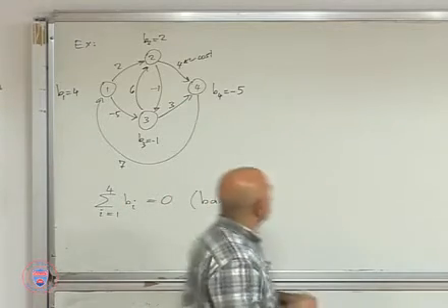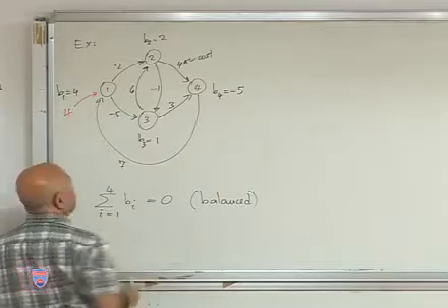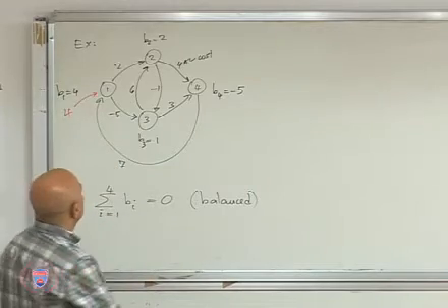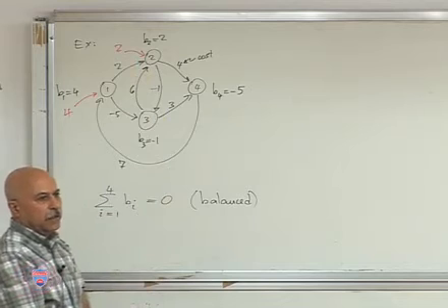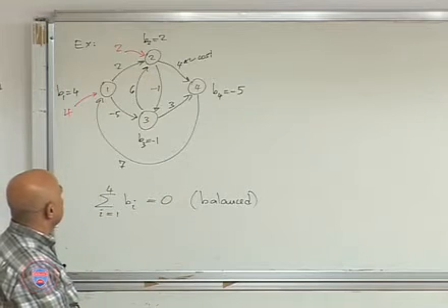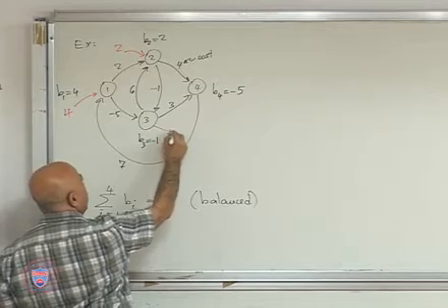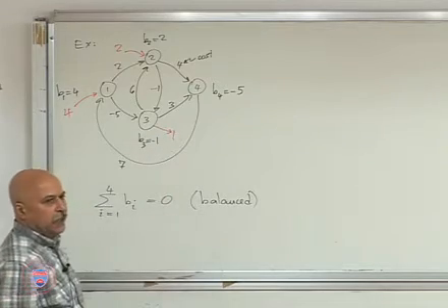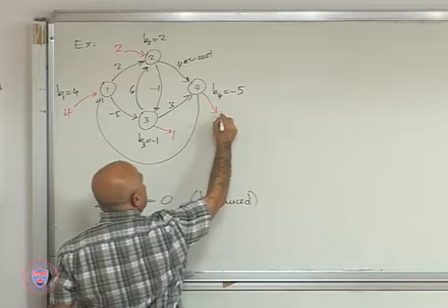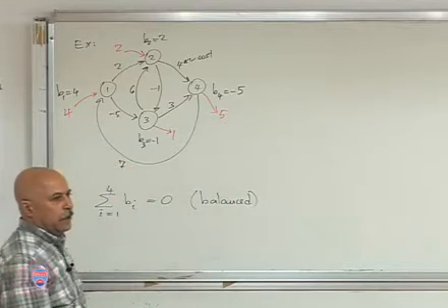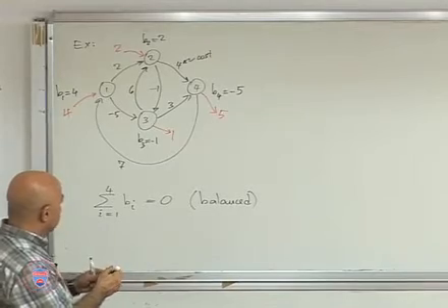In this example, we have externally 4 units being supplied at node 1, and externally 2 units being made available at node 2. Node 3 has a demand of 1, so it pulls 1 unit out of the network, and node 4 has 5 units pulling out of the network. So we have a balanced problem.